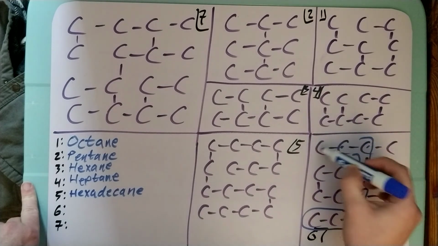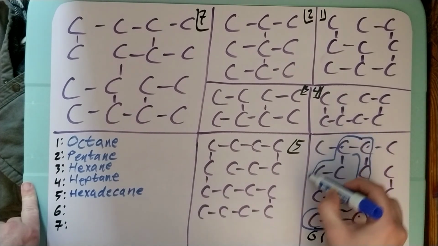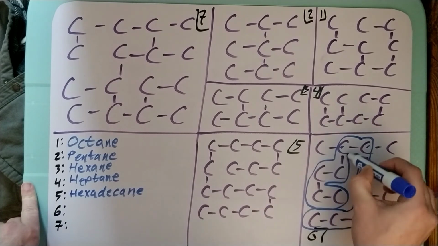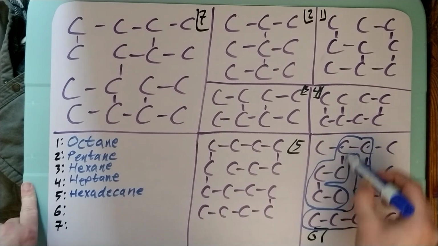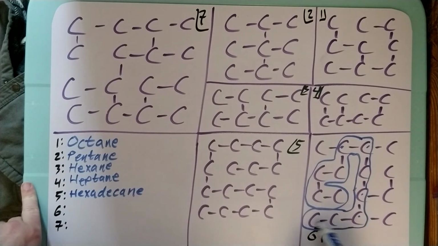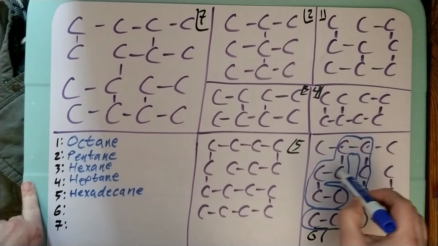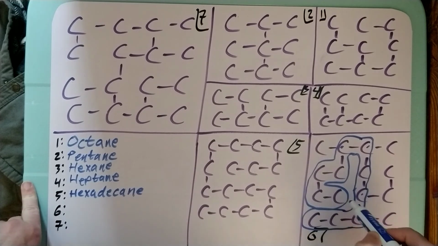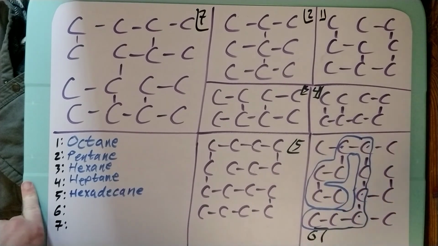And then again here it's 1 or more than 1, so we'll go around like that. So this is going to be our parent chain. So we have 1, 2, 3, 4, 5, 6, 7, 8, 9, 10, 11. 11 is undecane.